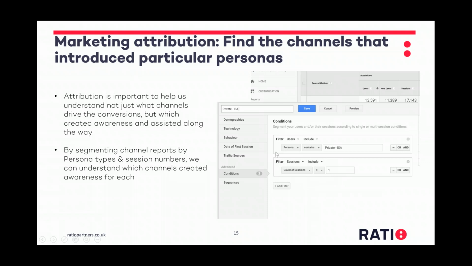We could say only show me users with that type of persona where it's their first visit, and then apply that to marketing channel reports, and all of a sudden you know which marketing channels are actually creating awareness amongst personas of that type, rather than just having a top-line view, which is not always the most helpful, about what channels are creating awareness overall. And then obviously you go and invest more in that channel if that's a persona that you want to create more awareness amongst.